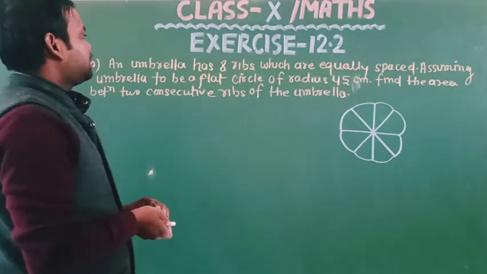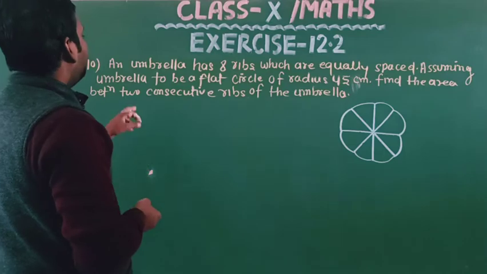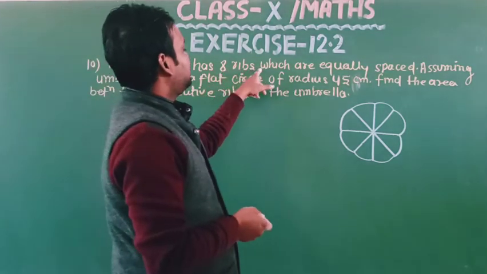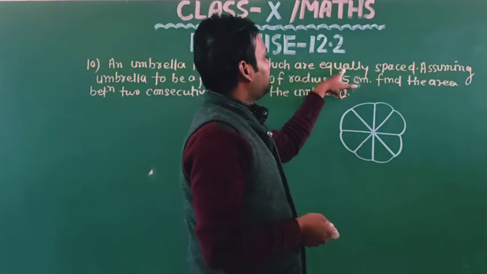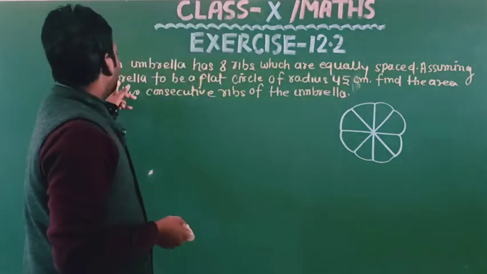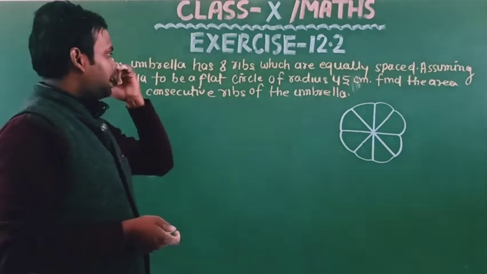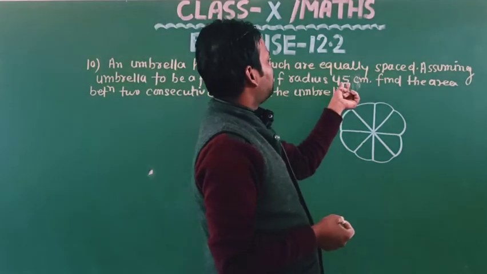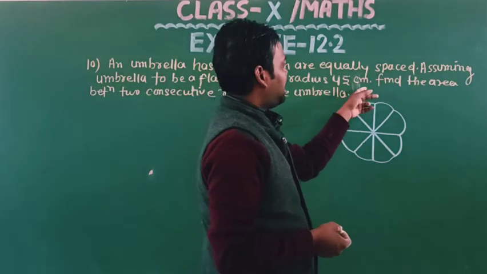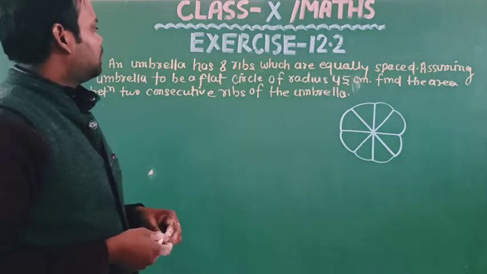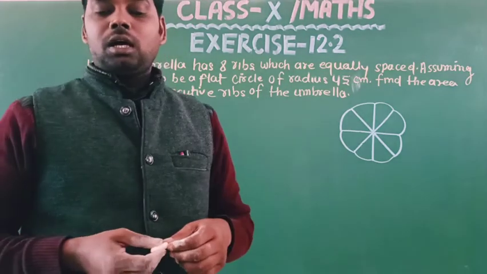In this question it has been said that an umbrella has 8 ribs which are equally spaced. Assuming the umbrella to be a flat circle of radius 45 centimeter, find the area between two consecutive ribs of the umbrella.